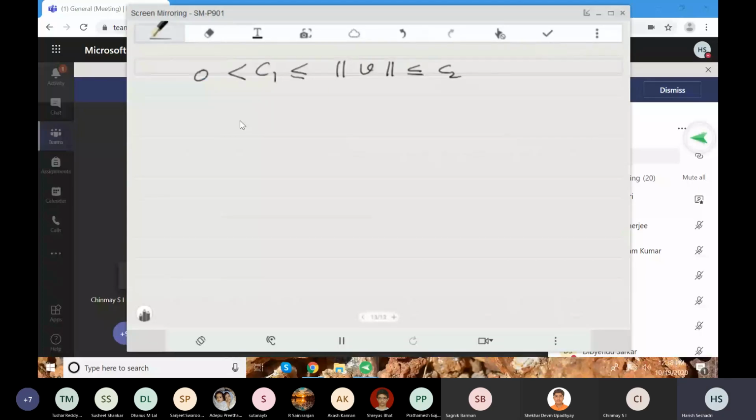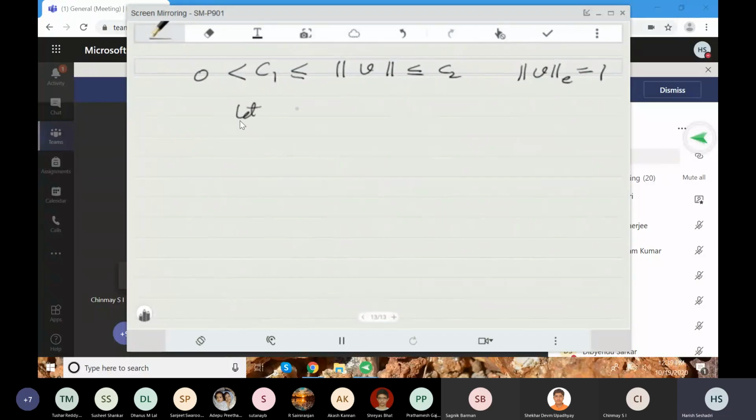So this is the main part of the argument: the unit sphere is compact, and the norm is continuous. Any norm is continuous, so therefore one gets this. And this is for all Euclidean unit vectors. That's the underlying assumption.